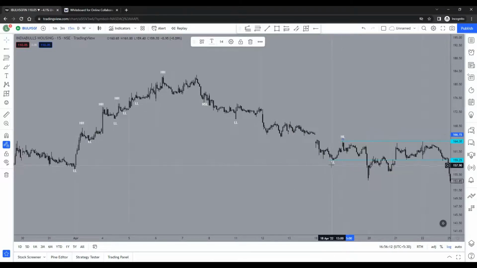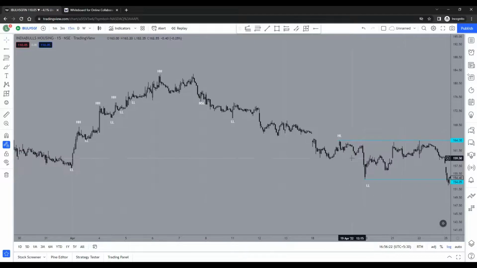It goes here, it goes here, and our workable swing is this. Okay, so up till now, all this price action, this is our swing, right?